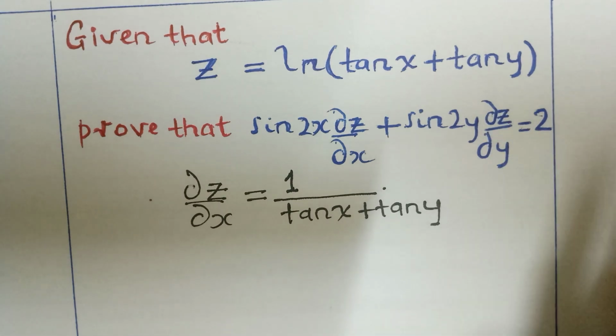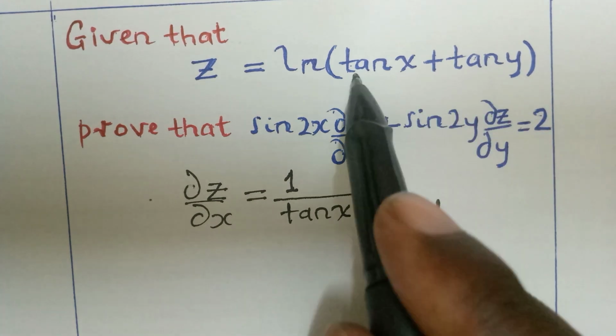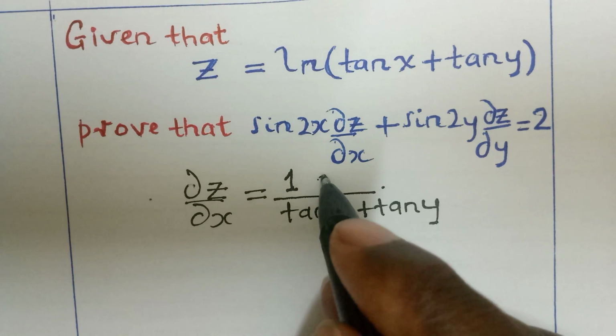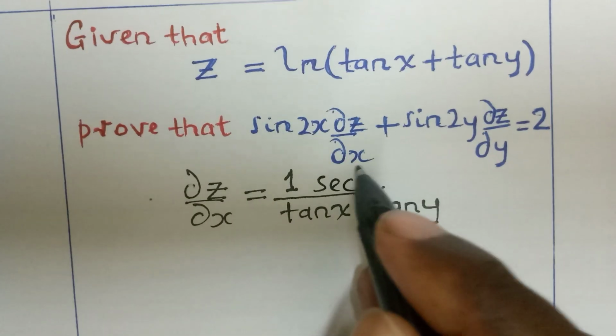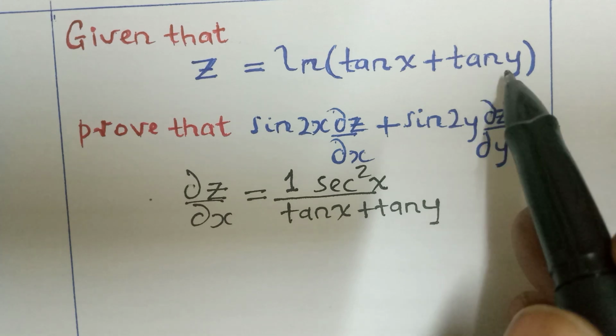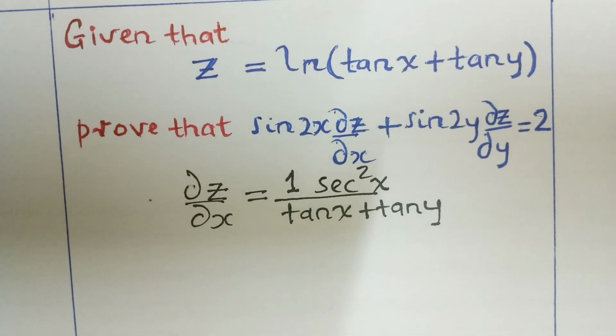When I differentiate that, tan x becomes sec squared x, because tan y is a constant, and when you differentiate a constant, you get 0.